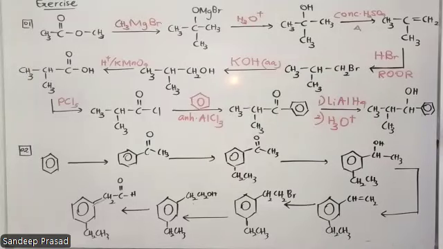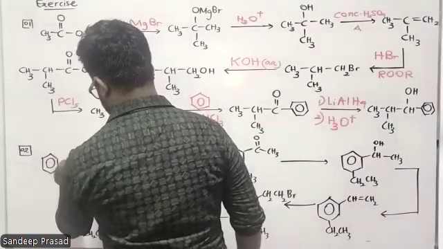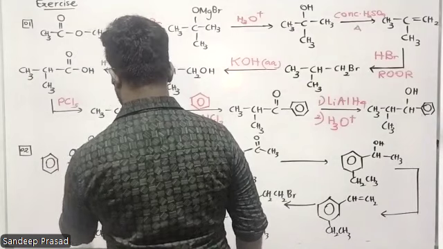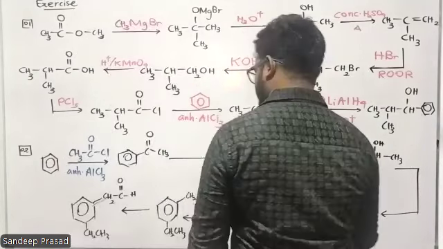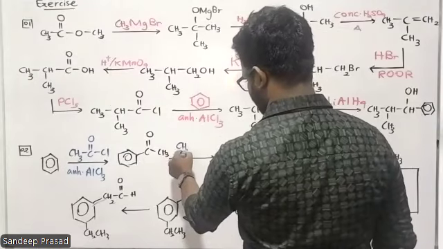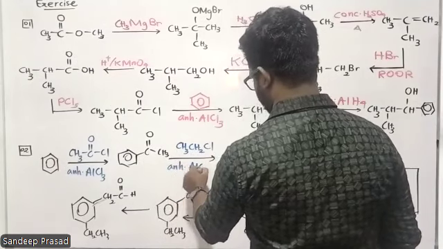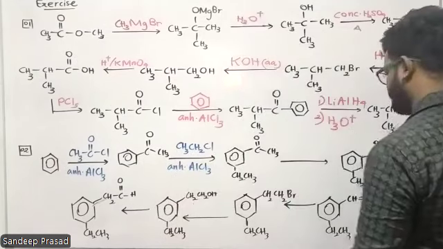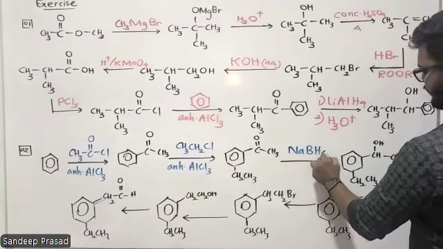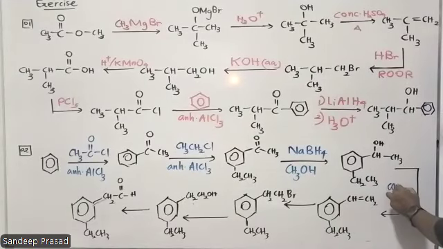Go to the second one. Friedel-Crafts acylation. CH3C double bond O, anhydrous aluminum trichloride. Then this is alkylation, CH3CH2Cl, anhydrous aluminum trichloride. So let me put here this time sodium borohydride and conc.